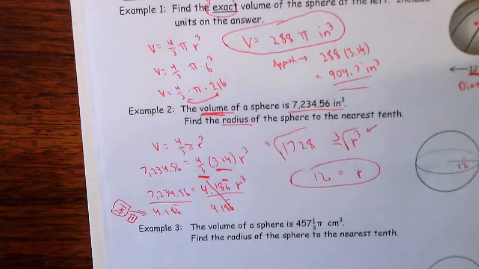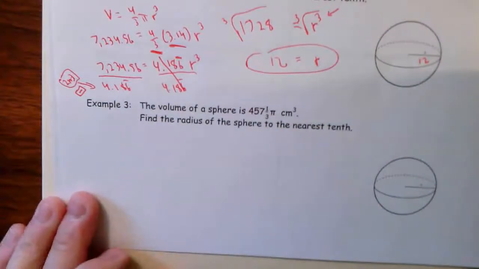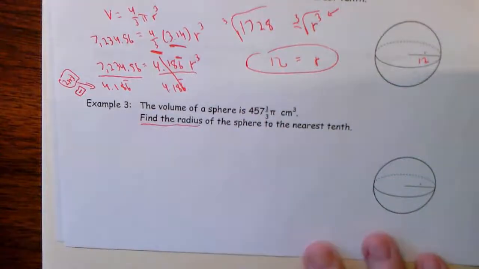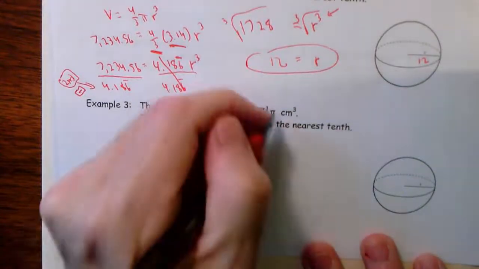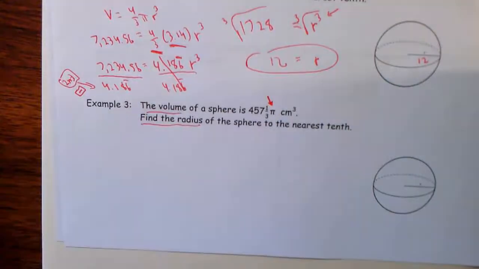All right. Next up, this is a little bit different, so pay attention to this one. This is a similar question where we are trying to find the radius. But what you need to notice on this one is that when they gave you the volume, they left pi in the volume, which actually, in my opinion, makes this easier to solve.